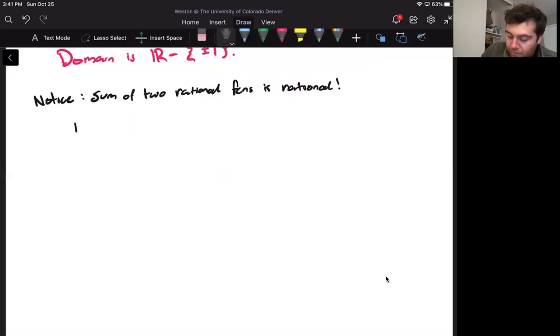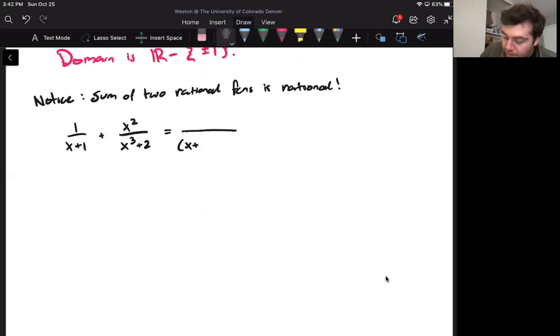So for example, if we have 1 over x plus 1 plus x squared over x cubed plus 2, to add these together, we just do the same thing that we do with normal addition of fractions. We find a common denominator. And in this case, we don't even worry about it being fully reduced.